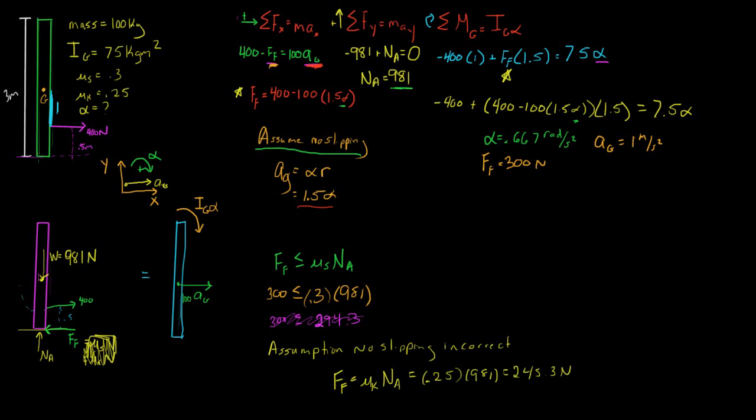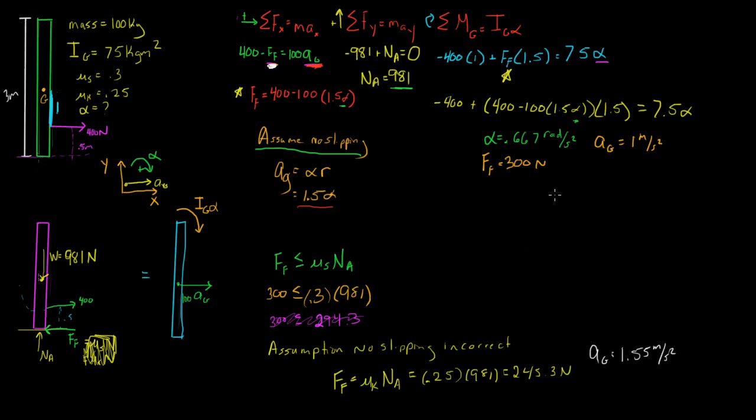And now we just have to go back. We can plug this straight into this equation, and we can find our new acceleration of our center of mass. It's not as tough going back and resubstituting these numbers in. So we get our acceleration of our center of mass is equal to 1.55 meters per second squared.